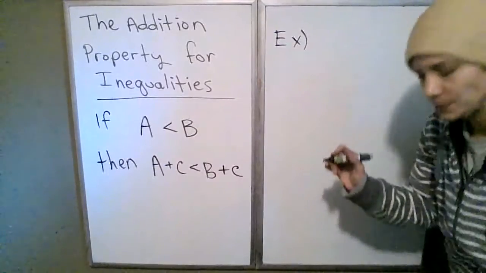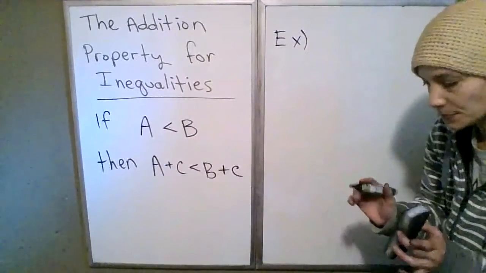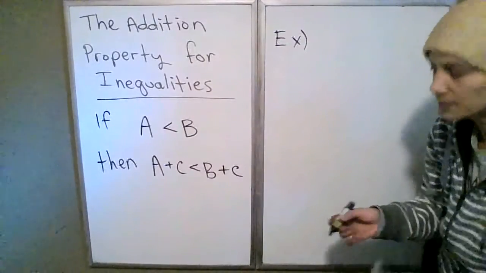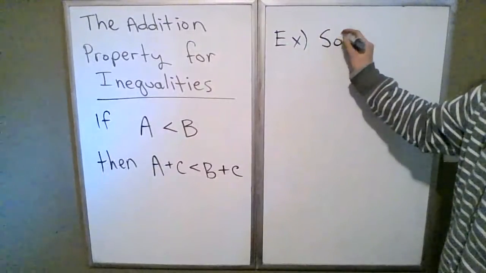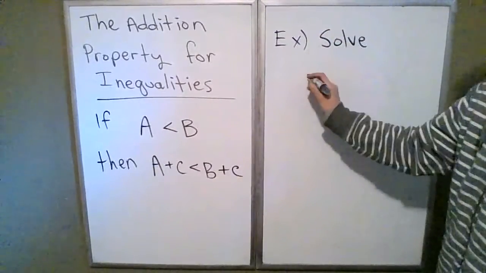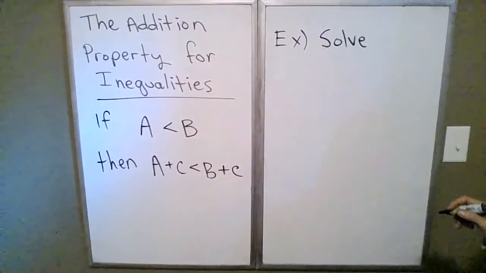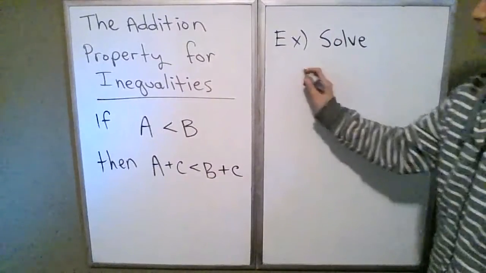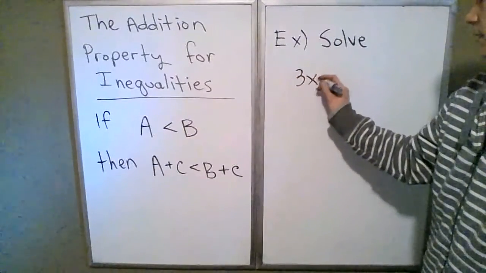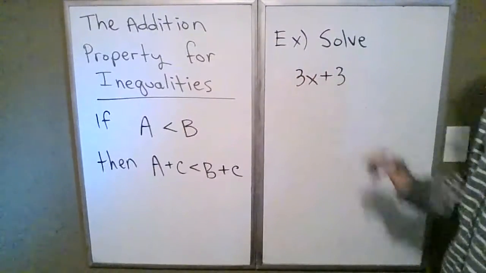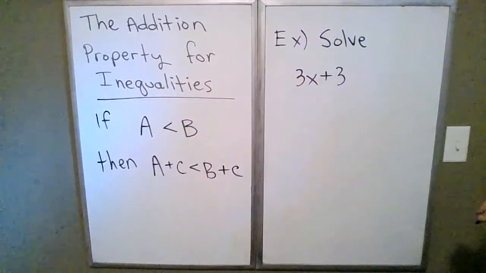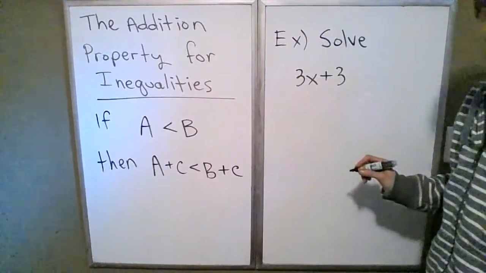So this time we solve, which means isolate the variable. 3x plus 3 less than 2x minus 1.